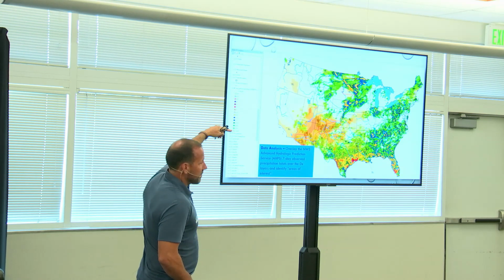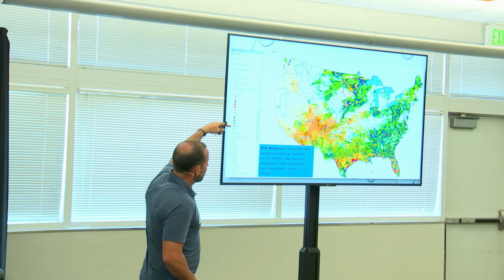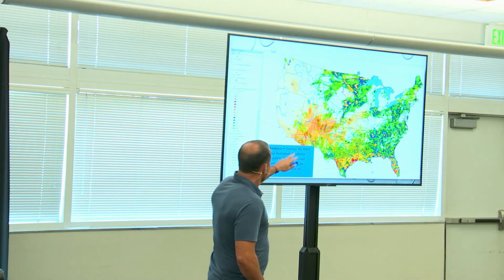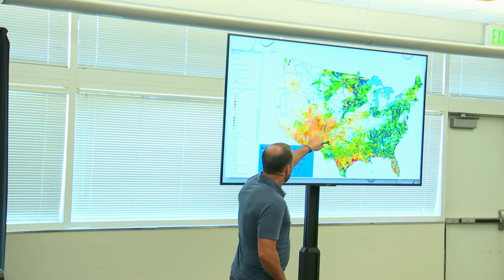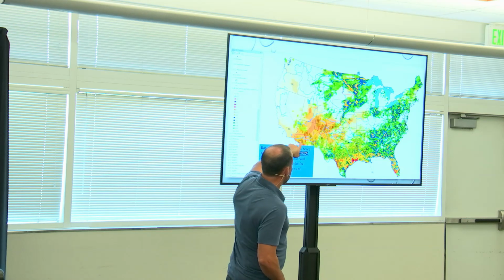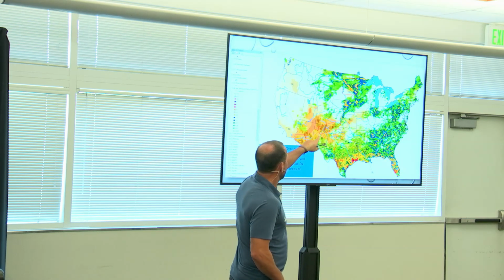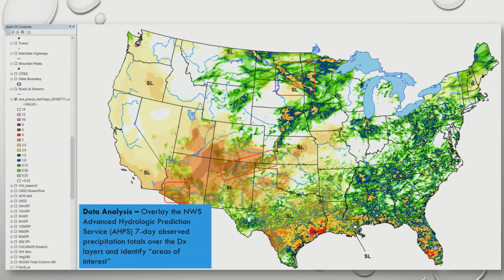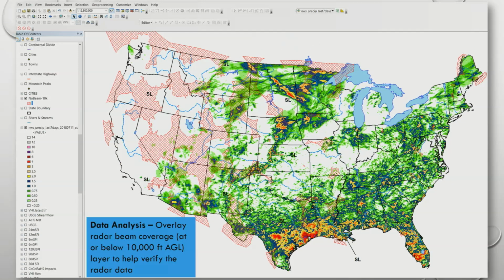Here's a scale of how much rainfall has fallen. I look at this as areas of interest to me, my starting point. So I'll say, okay, these are some areas where we've got intense drought. We've had some heavy precipitation in these particular areas. So that will be my focal point to start out.